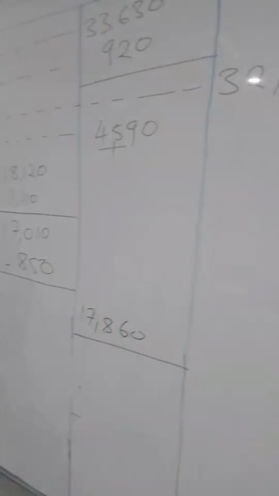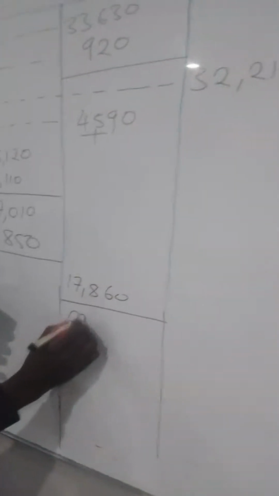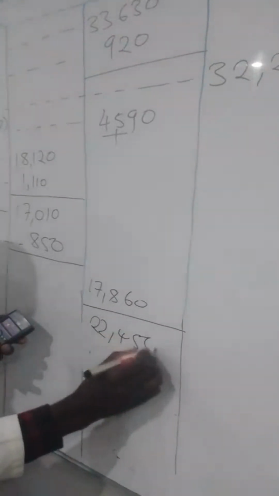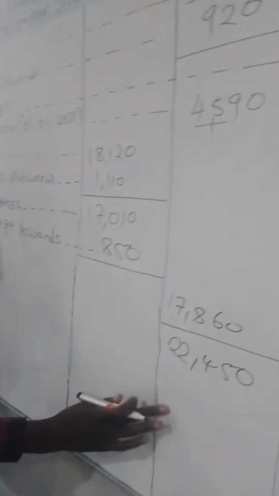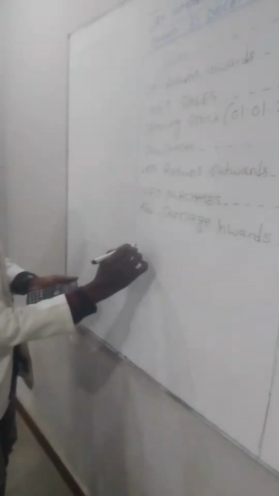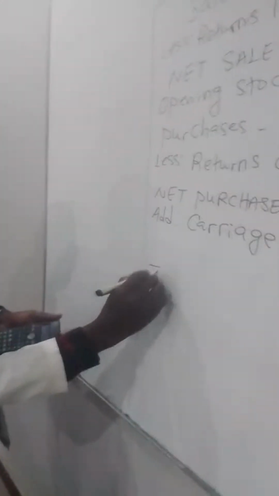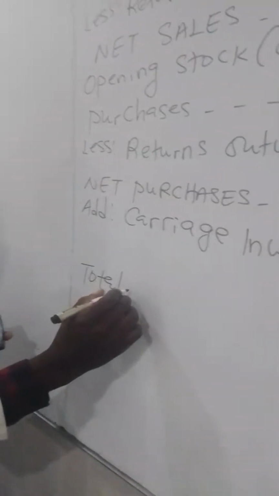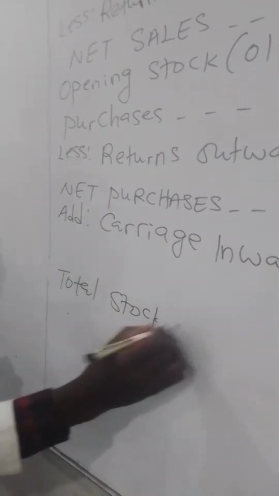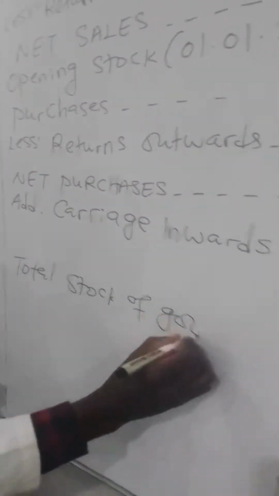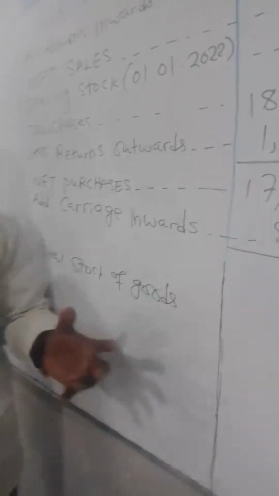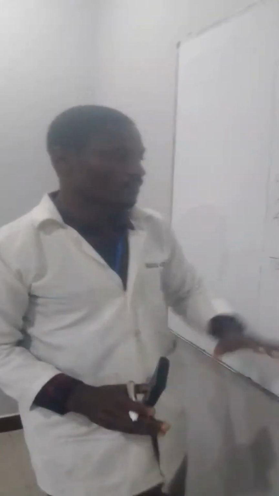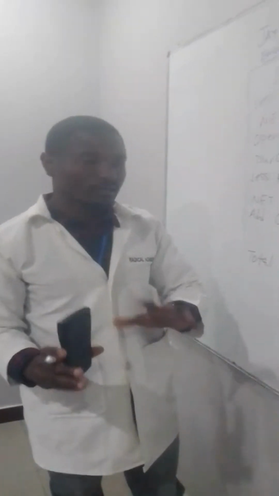Once we add this plus this, we're going to get 22,450. Okay, so we made a simple error.